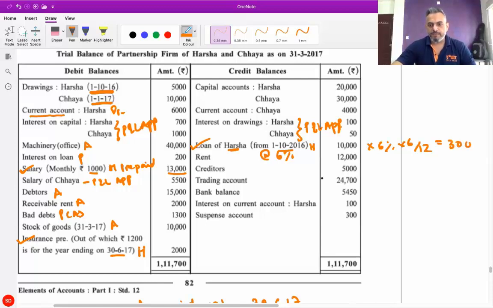So 300 will be your interest on loan. Out of that, already 200 is given, so minus 200 already given. So outstanding is 100. So mark the interest on loan also.